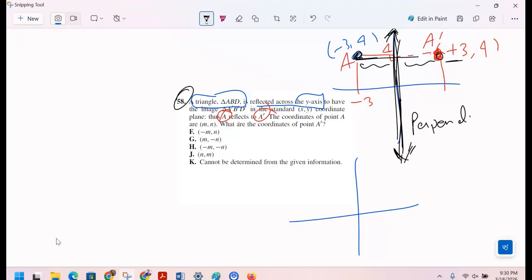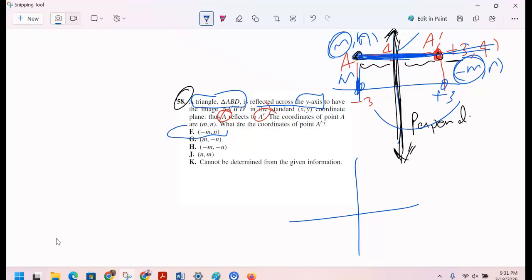If this point was given to us as M, N, just numbers M and N, then M changes to minus M, but N stays the same. The y coordinate stays the same, and the x coordinate switches sign, like minus 3. So whatever the M is here, on the other side it will be minus M. So the answer becomes minus M, N.